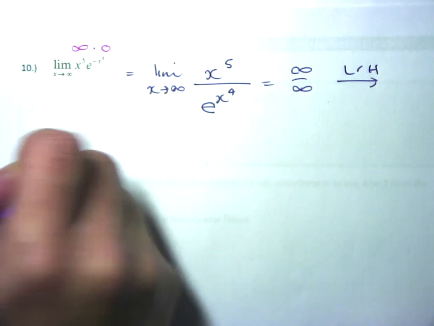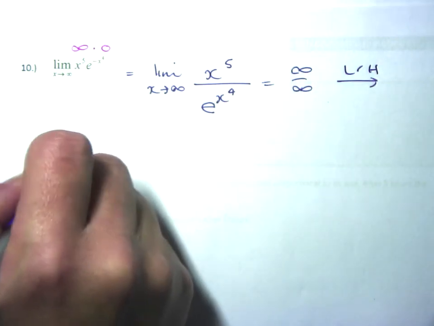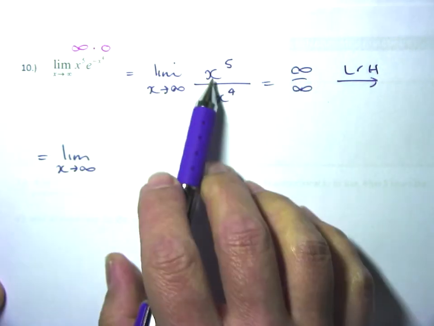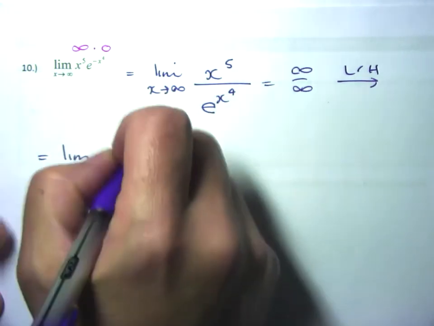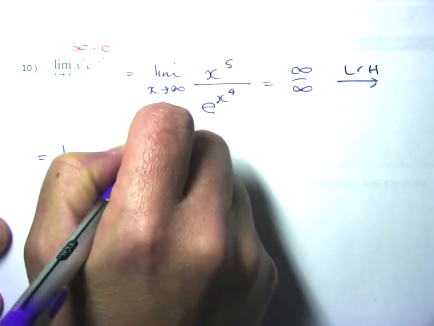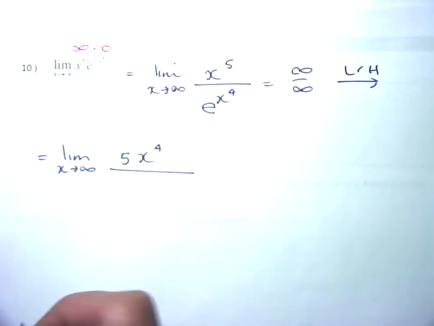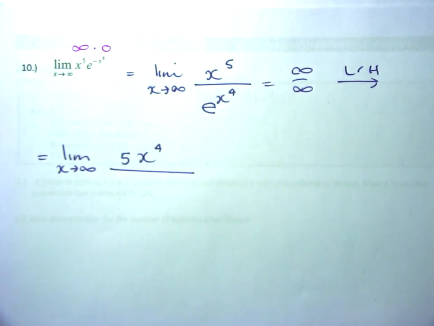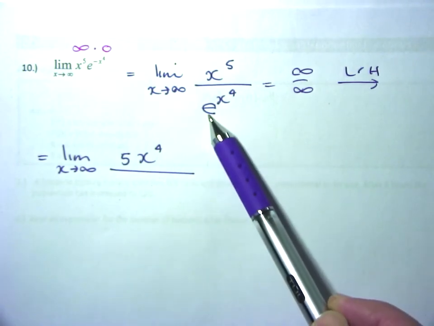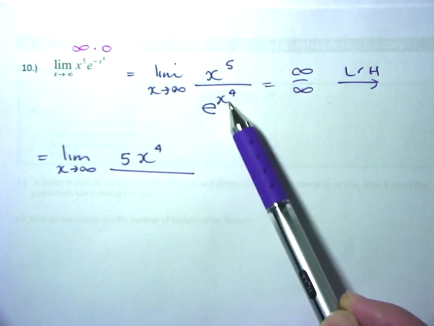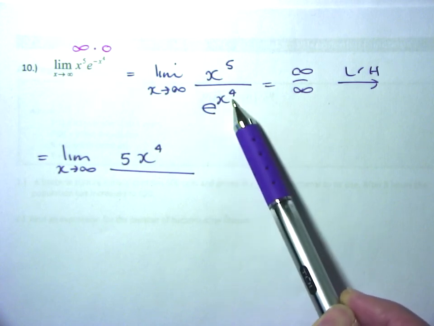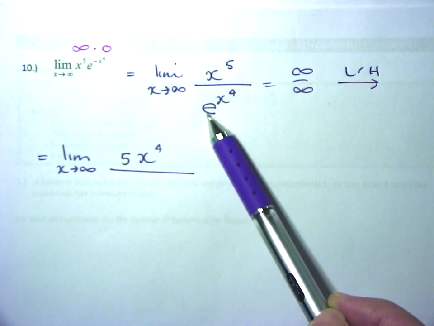All right, so let's see. We're going to take derivatives. I'm going to take the derivative of the top. The derivative of x to the power 5 is 5x to the power 4, divided by, all right, and now you guys have to be prepared to use the chain rule. The derivative of e raised to the power x to the 4th. First of all, what is the derivative of e to some power?